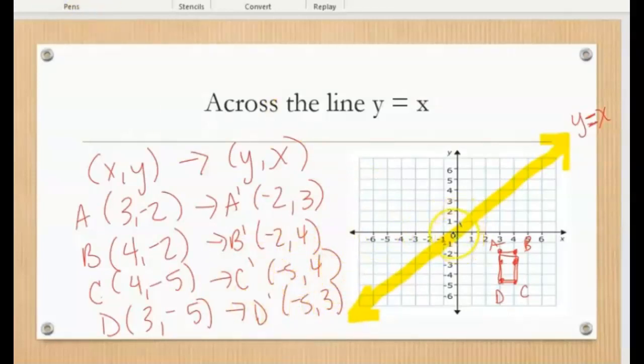So -2, 3 is A prime. -2, 4 is B prime. -5, 4 is C prime. And -5, 3 is D prime. There it is.